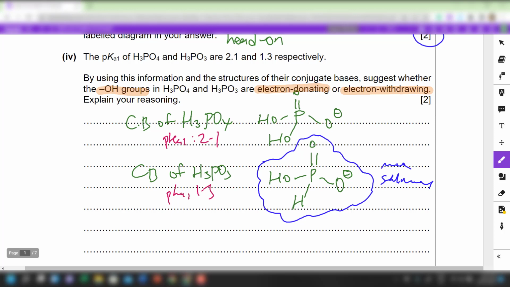Yeah, so remember that we have discussed a little bit about this in our lectures on phenol, as well as carboxylic acid, as well as acid-base equilibrium.